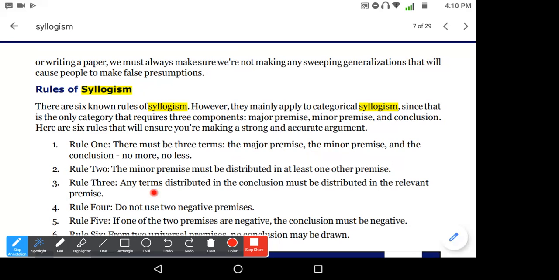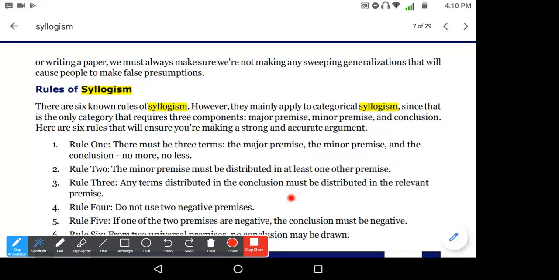Then any terms distributed in the conclusion must be distributed in a relevant premise. So when you are taking the premise to the conclusion, you have to make sure that it is taken in a proper way. If not, it will give a very weird meaning.